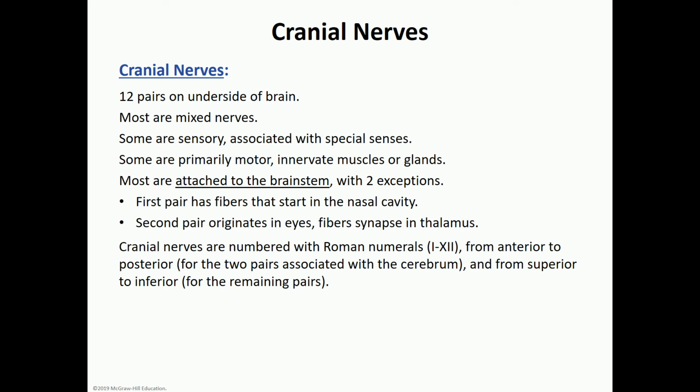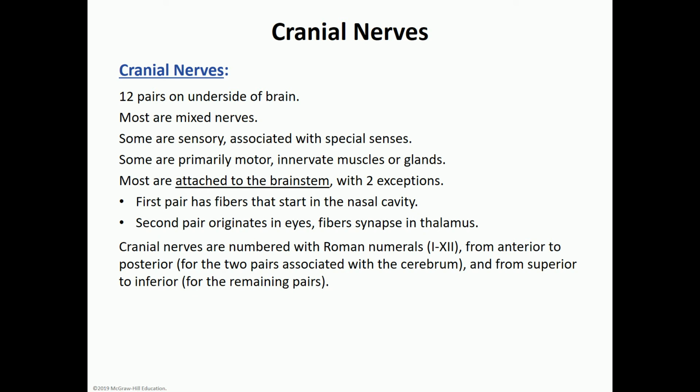Cranial nerve 1 starts in the nasal cavity and carries smell to the brain, while cranial nerve 2 originates in the eye, and that's known as the optic nerve, which carries vision. These nerves all have to pass through and synapse in the thalamus, except for the first cranial nerve. Cranial 1, or the olfactory nerve, is actually considered an outward extension of the CNS.